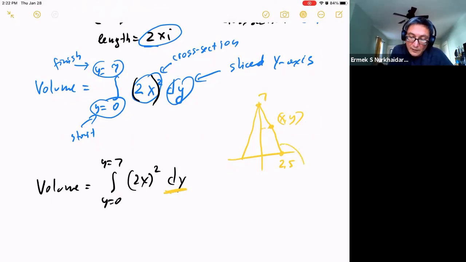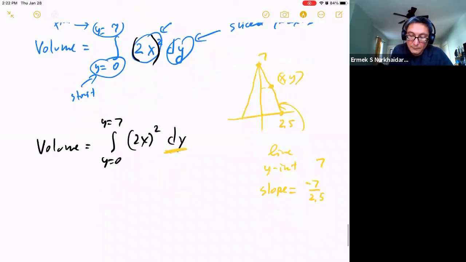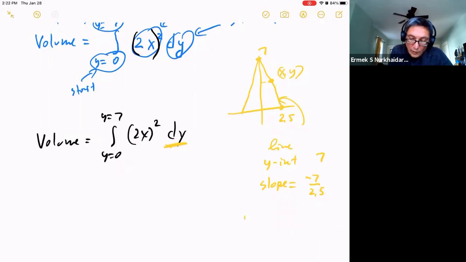Now if we look at that line, y-intercept 7. Slope: run is 2.5, rise is -7. So -7 divided by 2.5. So we have y equals -7 over 2.5 x plus 7.